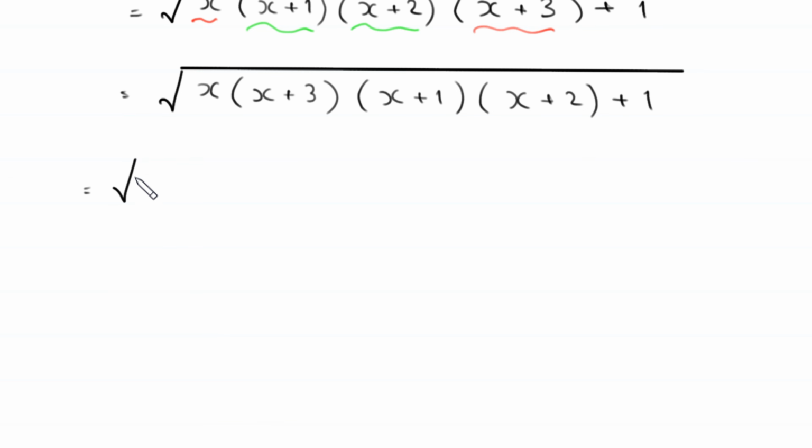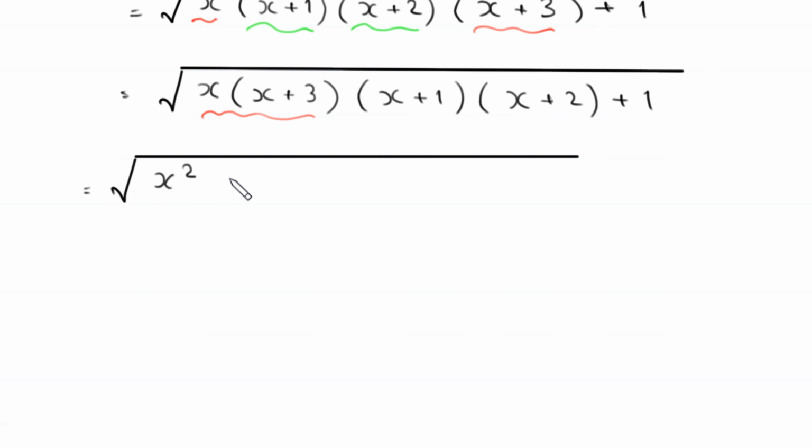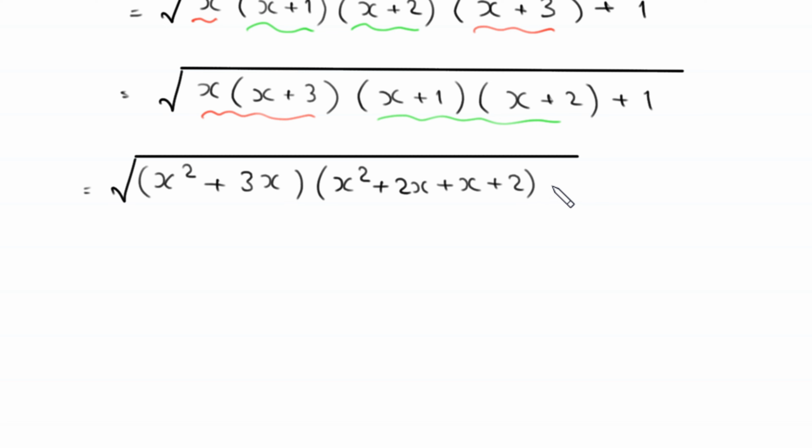Next, square root of, now we multiply these two terms, x times x will become x squared, and x times plus 3 will become plus 3 times x, times we multiply these two terms, x times x, x squared, x times plus 2 plus 2 times x, and 1 times x plus x, and 1 times 2 plus 2, plus this 1.